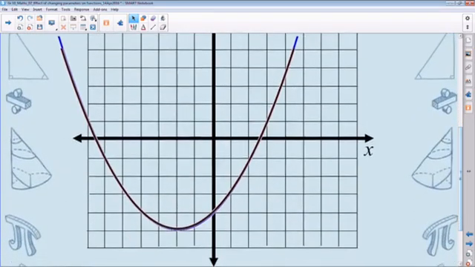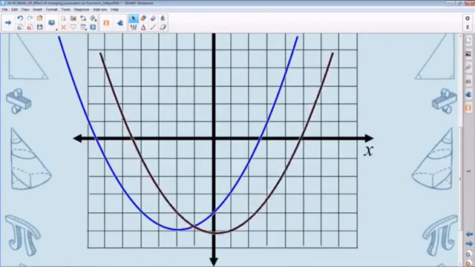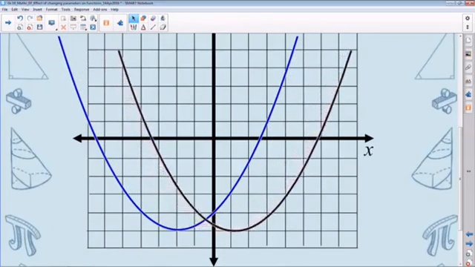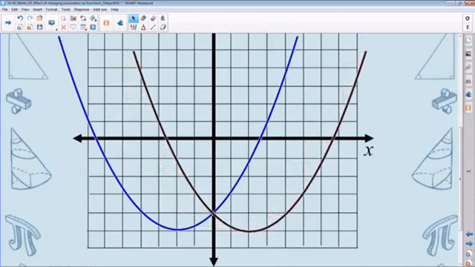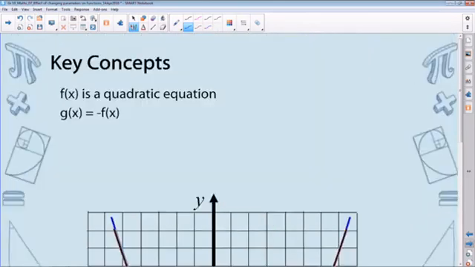Now, if we were to look, this thing doesn't want to move, you are reflecting this, and it's going to nicely touch there. So you've got y equals f of minus x. So you're reflecting it about the y-axis.